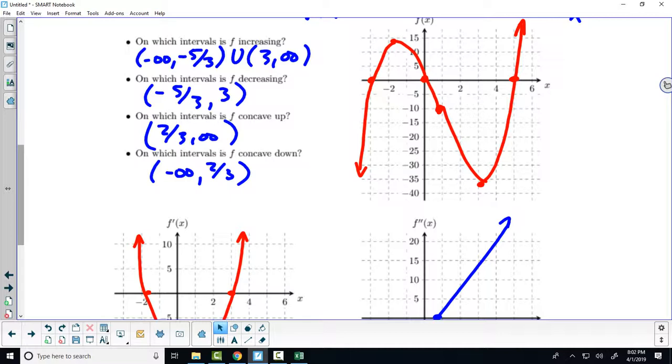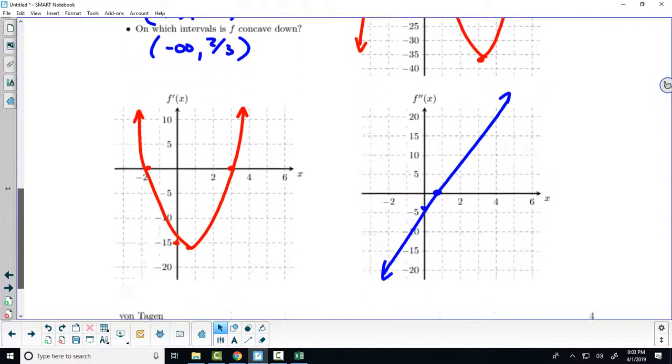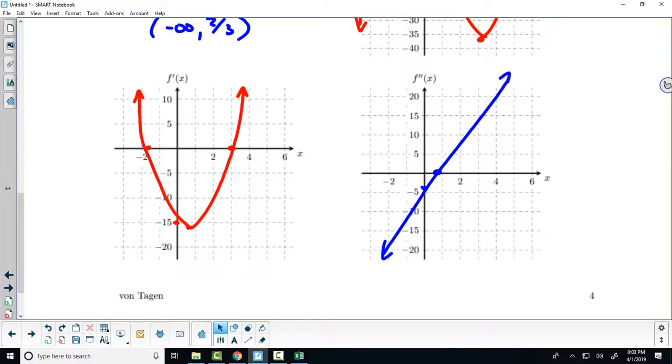So let's see. First of all, we said the function should be increasing on these intervals. Is it? Yeah. Until I get to negative 5/3, I'm increasing. After 3, I'm increasing. I was decreasing in between the two. It's supposed to be concave down before I get to 2/3 and concave up after I leave 2/3. But I think it's important to be able to see how much of that information you can get from any of these graphs.